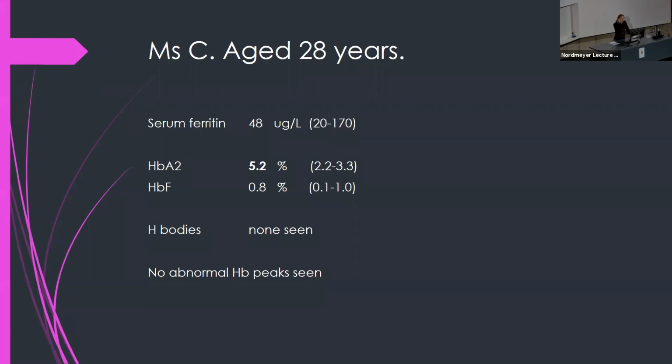So 4 beta globin chains all together. That's an H body. So if you can't make enough beta chains, then you're not going to be making H bodies. That's something that happens when you're not making enough alpha chains. I hope that makes sense.